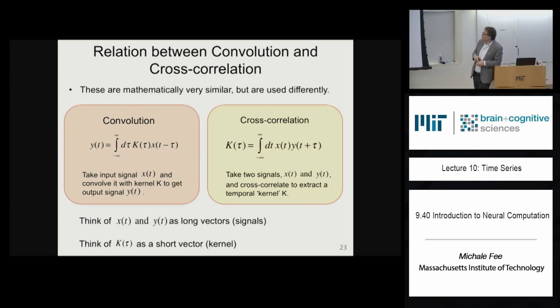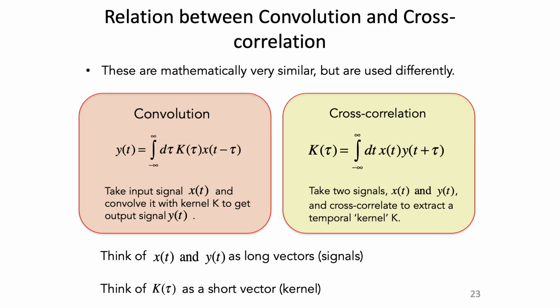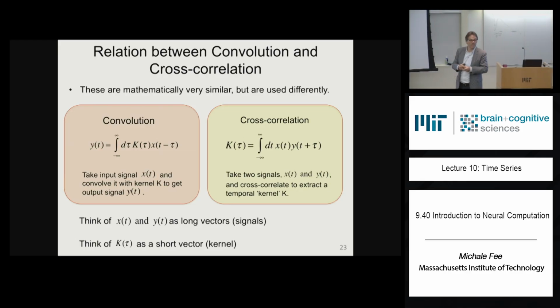All right, so in convolution, x and y are long signals, k is a short vector, and we're convolving a long signal with a short kernel to get another long signal, which is the response of the system. In this case we take, let's say, the input to a system and the output of the system and do a cross correlation to extract the kernel. Okay. All right. Any questions about that? They're both super powerful methods.